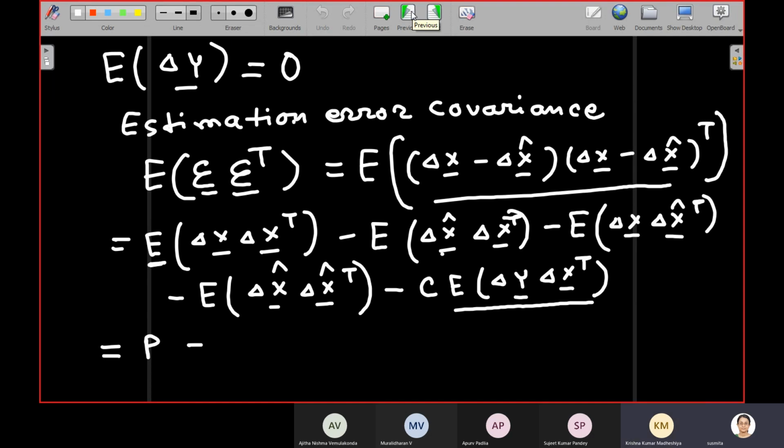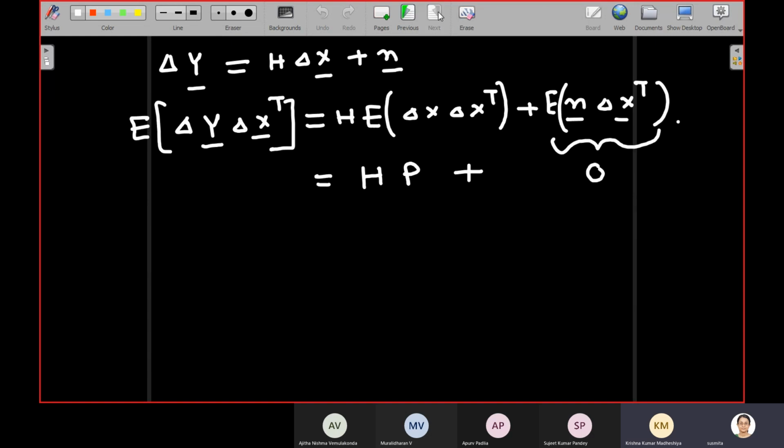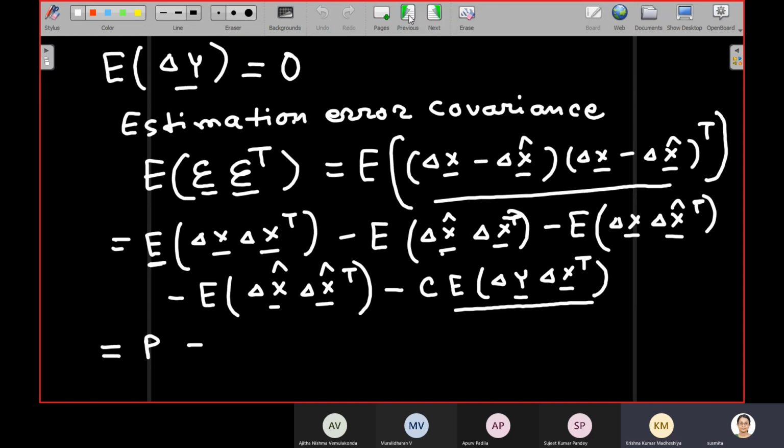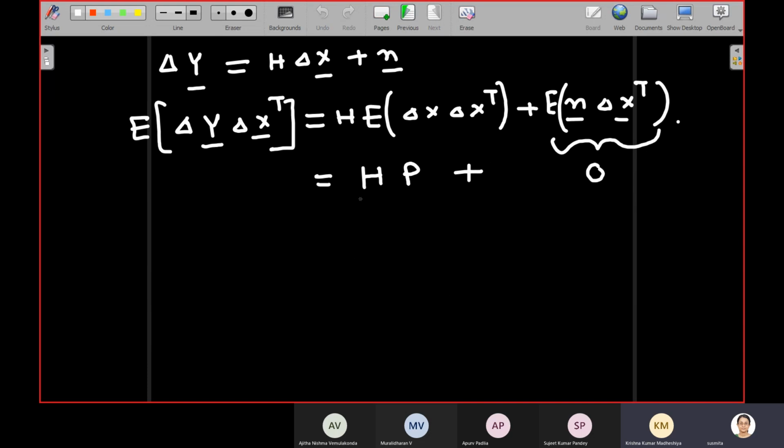What is C? We know C. And then in place of expectation of this, we can just write this one, HP.